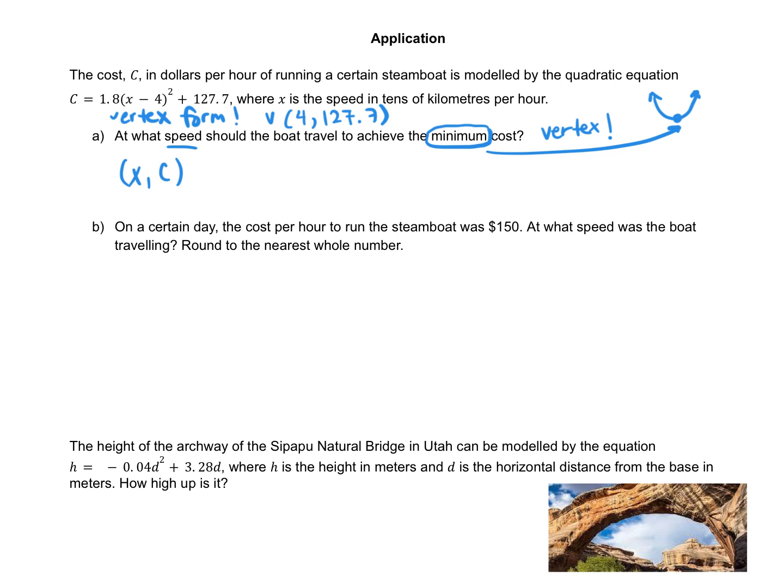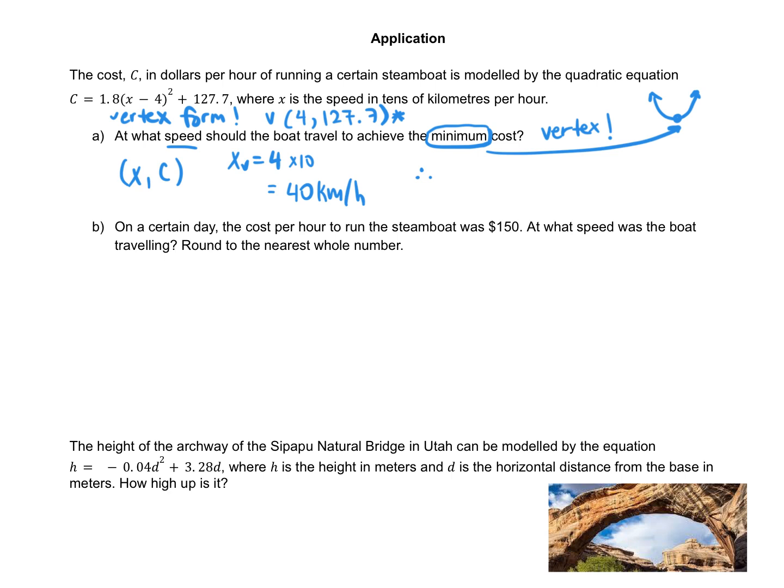And x represents the speed in tens of kilometers per hour. So the x coordinate of the vertex that we got from up here is 4. So x_v is 4. But if I want to translate it into the speed, I have to multiply it by 10 to get that 40 kilometers per hour, because x is the speed in tens of kilometers per hour.